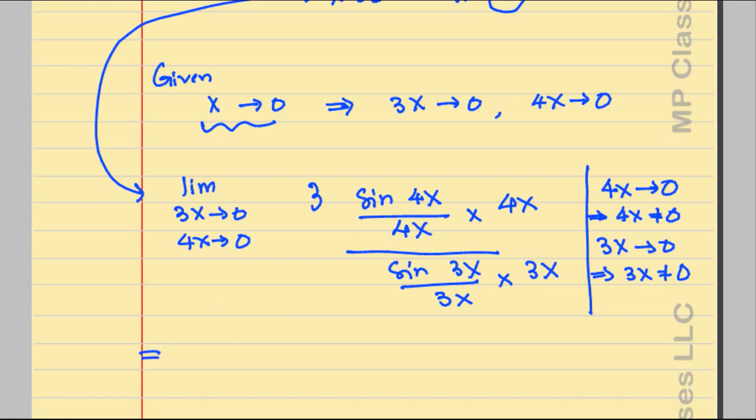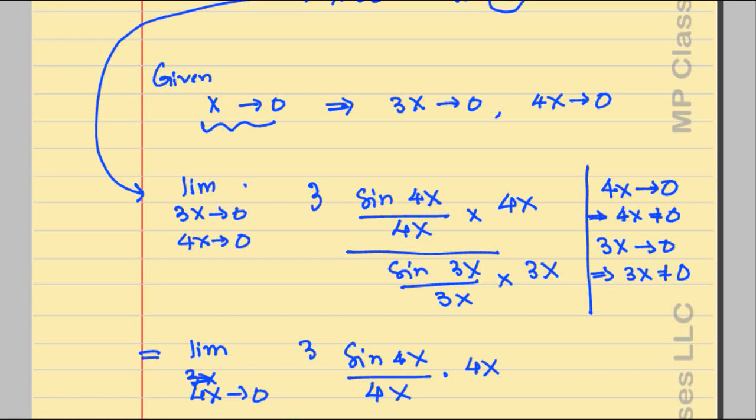Now we can say that limit 4x tends to 0, 3 times sine of 4x over 4x. I am carrying this limit and associating with the numerator, and I wrote here a multiplication sign like that, which can confuse with x, so I am changing it back to a dot.